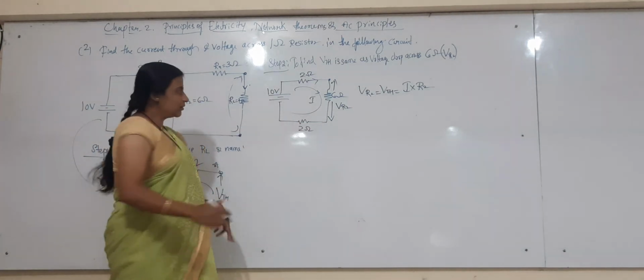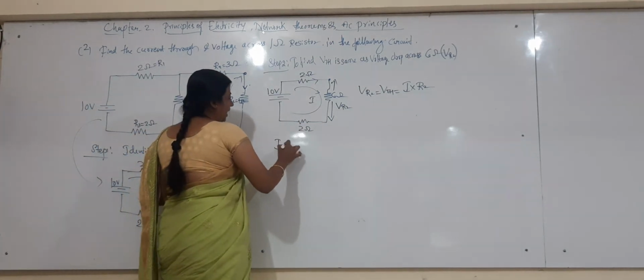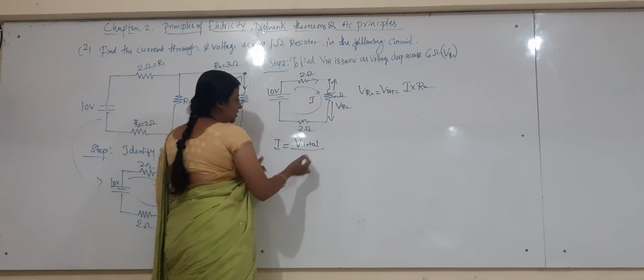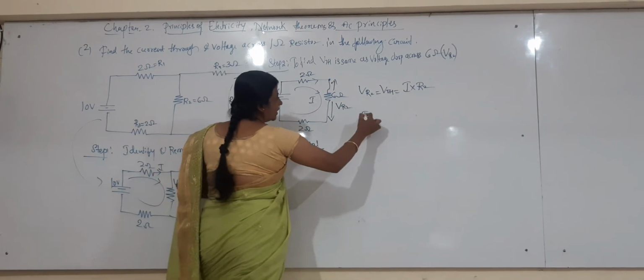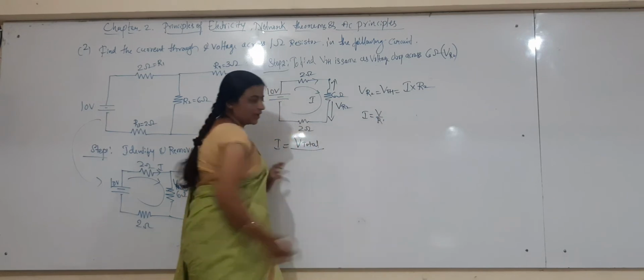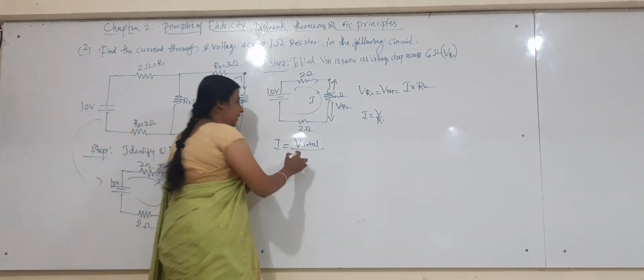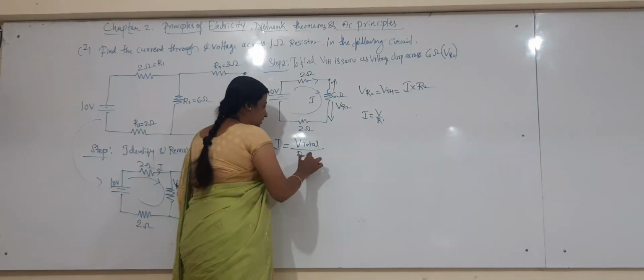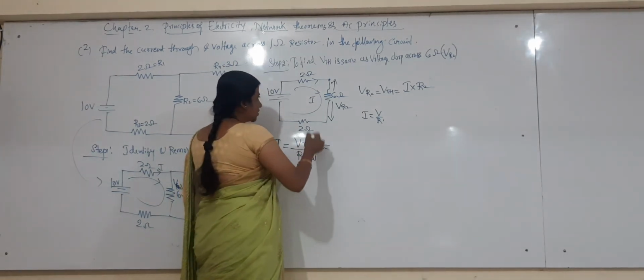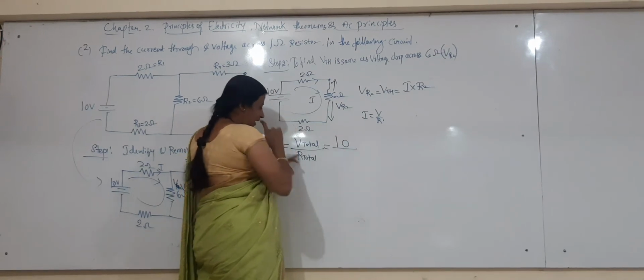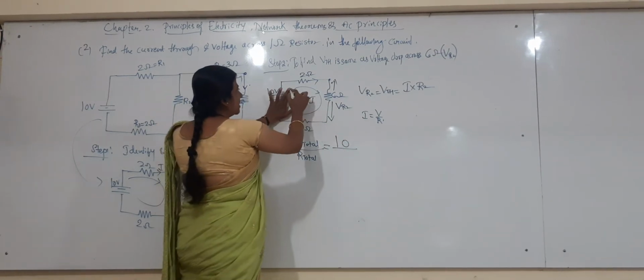So how to find the current? I is equal to V divided by R, where V total is 10 volt and R total is the total resistance.